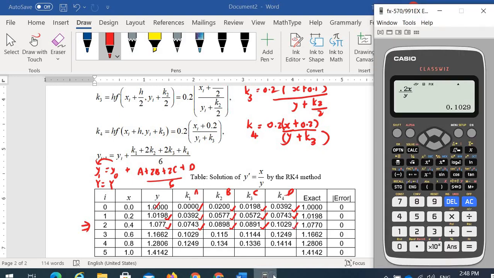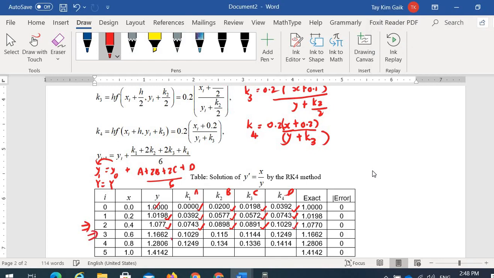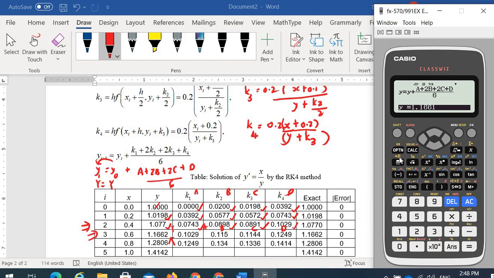That shows up to Y3. The rest you can continue with the same concepts. To get this value, this is Y, this is A, this is B, this is C, this is D. Y3 depends on Y number 2, which is 1.077.